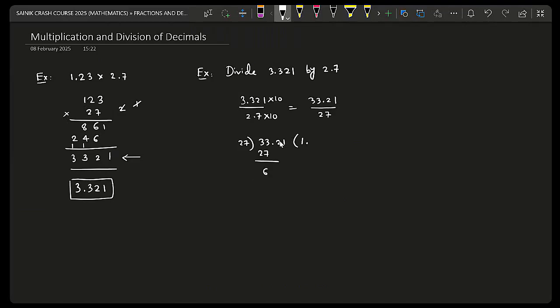Take down 2 here. 27 twos are 54, and this is 8. Take down the next digit 1. 27 threes are 81. So the final answer is the quotient, that is 1.23. So always remove the decimal from the denominator and then do the division, and you will get the answer.